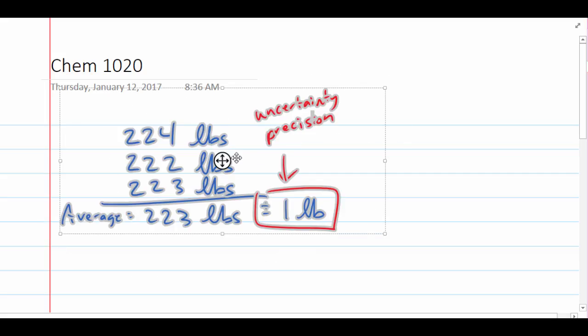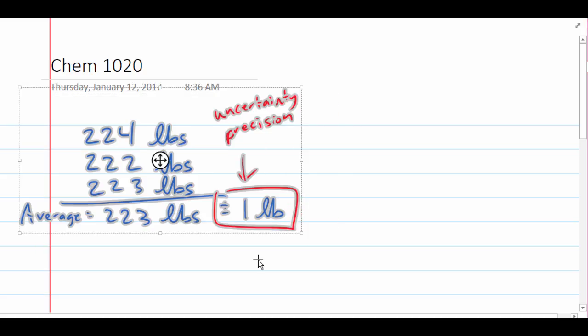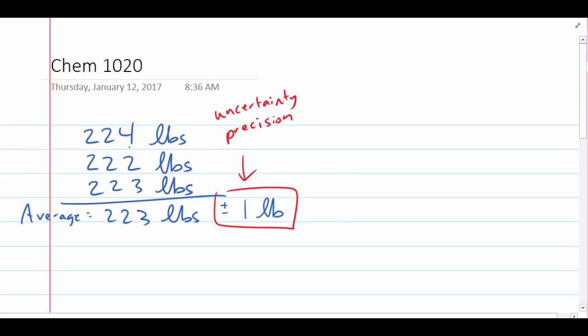And typically, when you have a measuring device, we think of this last digit as being the uncertain digit. So again, the ones place represents the uncertain digit.